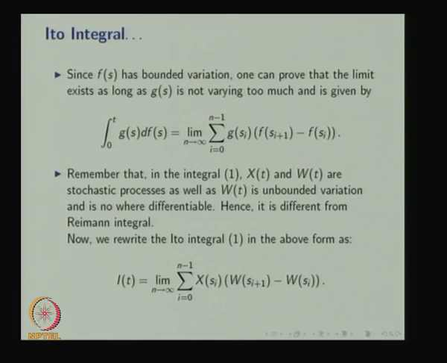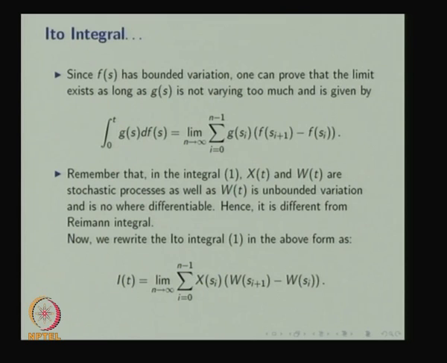Now we can rewrite the Ito integral in the following form. I of t is written the way we wrote the Riemann integral, the integral from 0 to t of g of s with respect to f of s, as a limit as n tends to infinity.